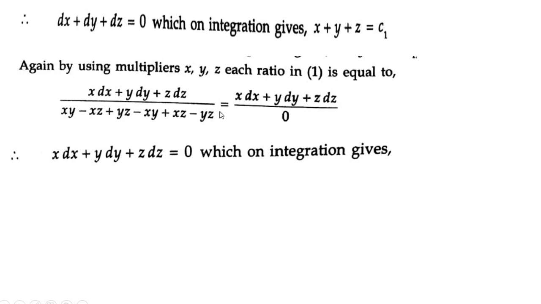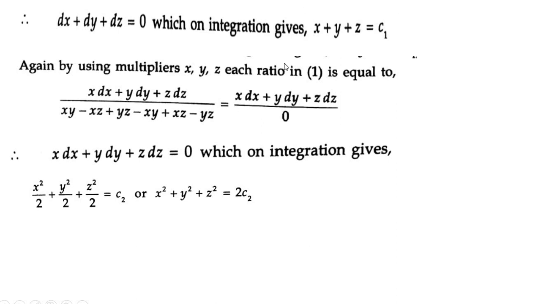Take the 0 to the other side, so that will be x dx plus y dy plus z dz equal to 0, which on integration gives: integration of x with respect to x is x square by 2, plus integration of y with respect to y is y square by 2, plus integration of z with respect to z is z square by 2, equal to c2. Take 2 as the LCM, take 2 to the RHS, so you get x square plus y square plus z square equal to 2c2.